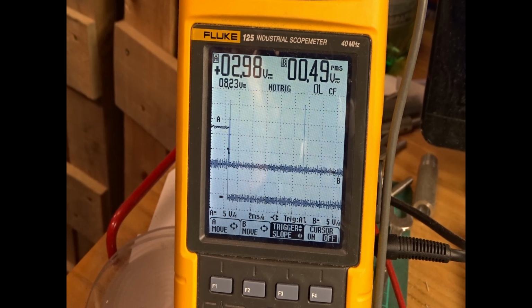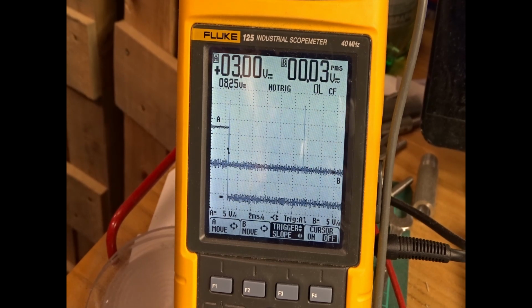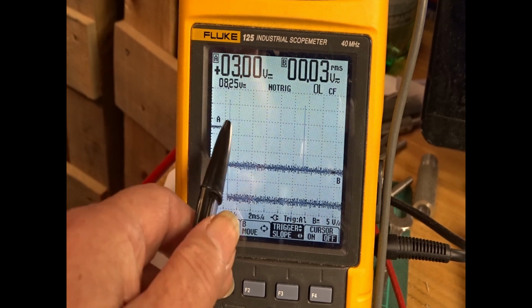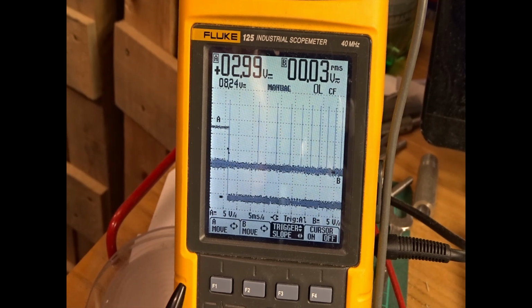Lots of noise. I could do some filtering to take a bit of that out, but it is going into an opto isolator, so it shouldn't make a lot of difference. First pulse, second pulse, 5 milliseconds.